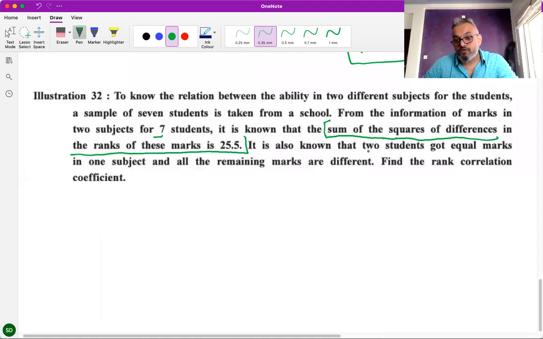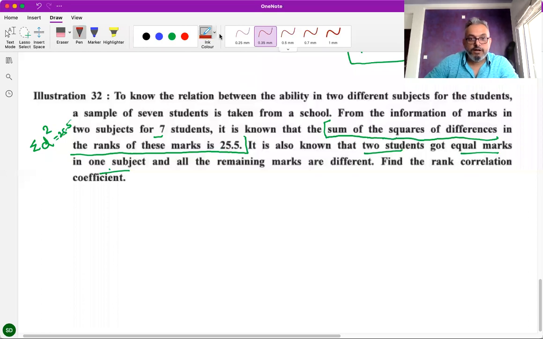It is also known that 2 students got equal marks in one subject, and all the remaining marks are different. Find the rank correlation.